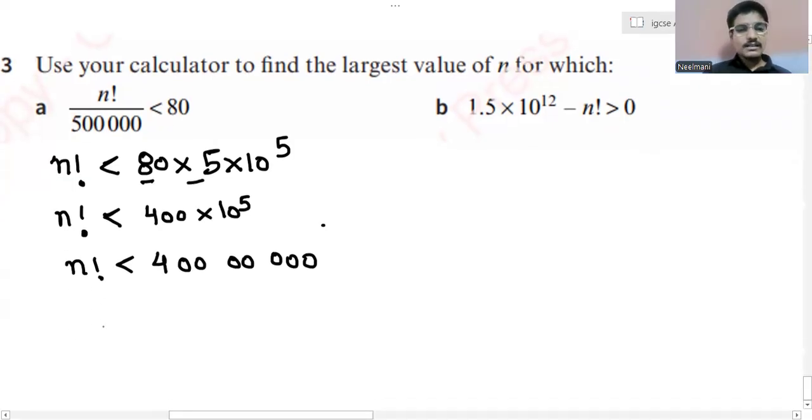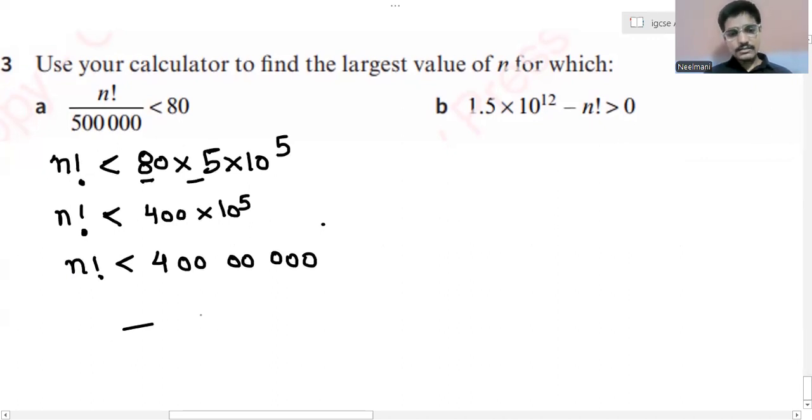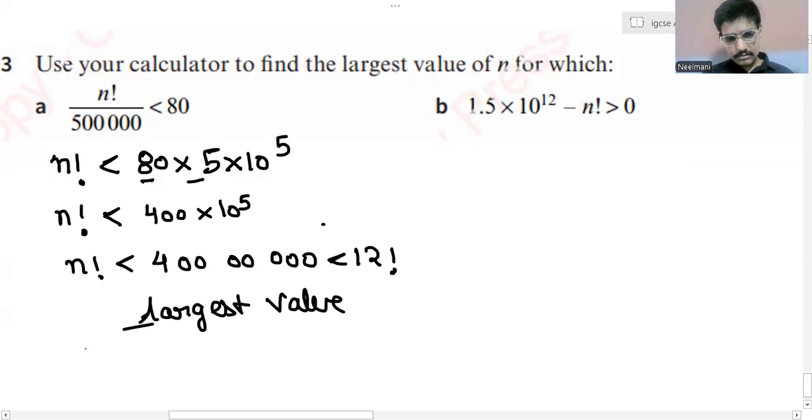Let's see. If I just do it in the calculator, your n is fairly close to 12 factorial, sorry. So the largest value of n can be 12.